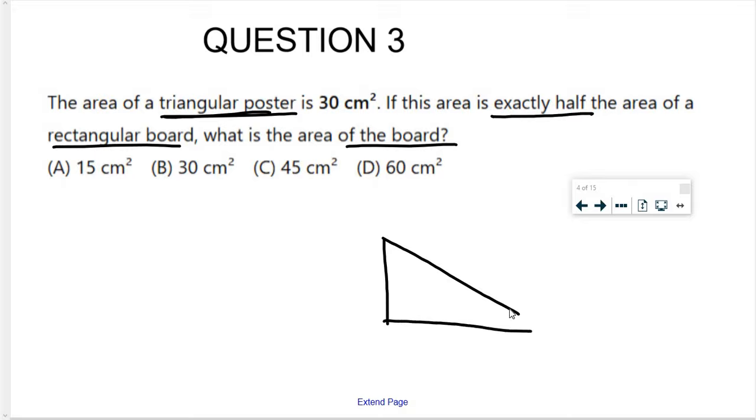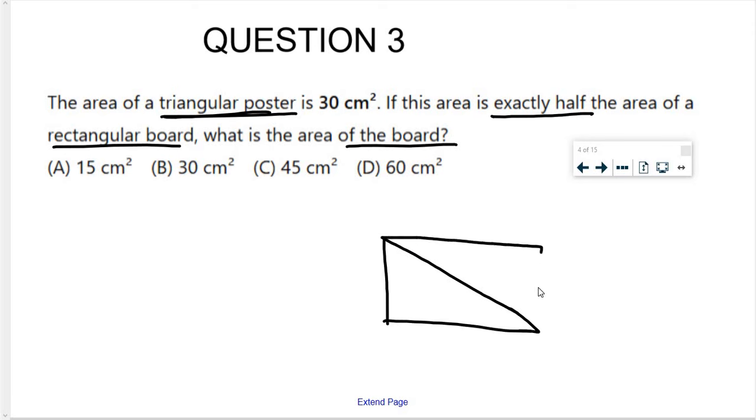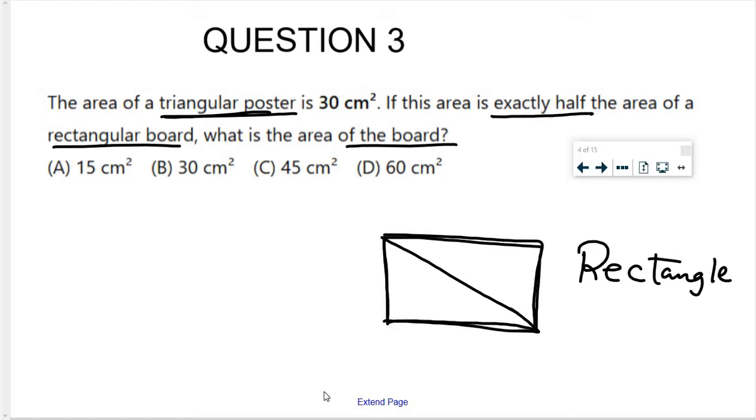This is a triangular poster. When you draw another triangle on top, the shape you get is a rectangle.